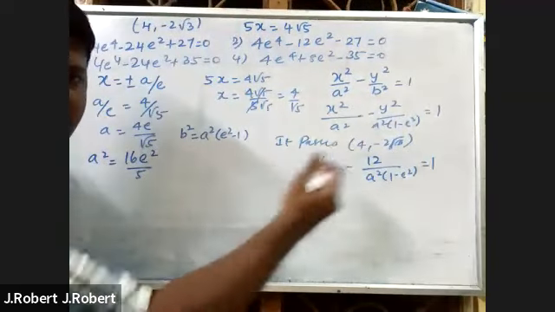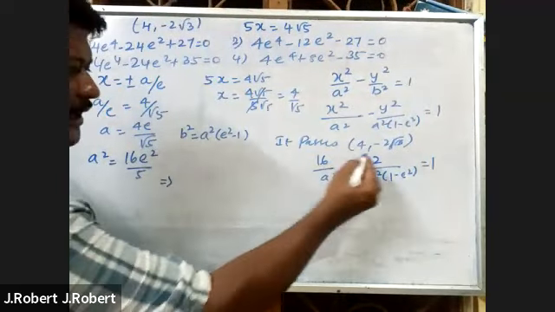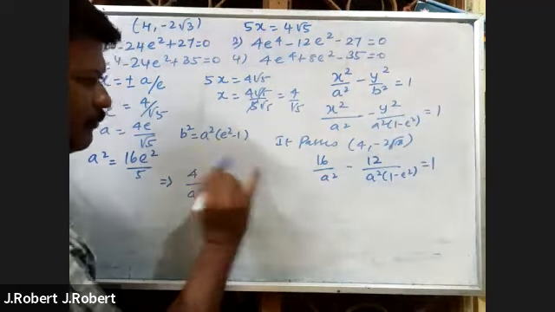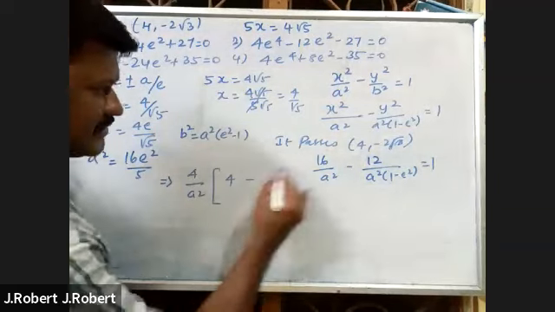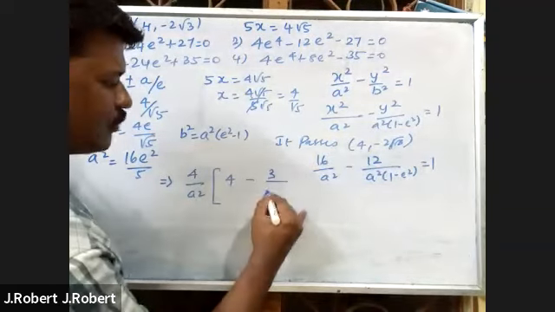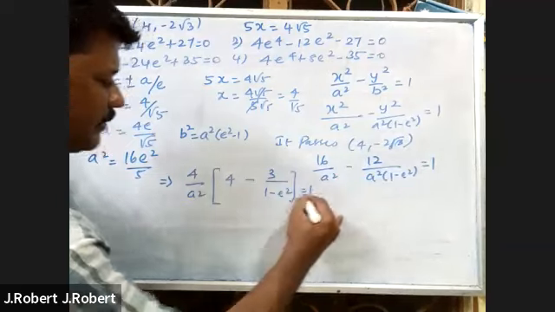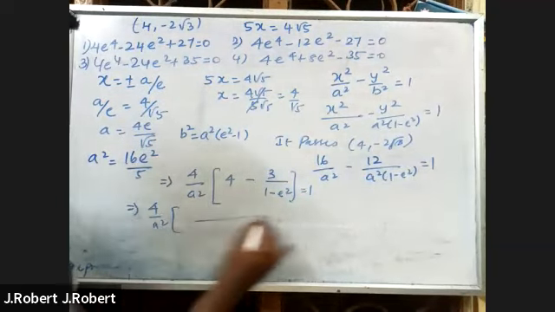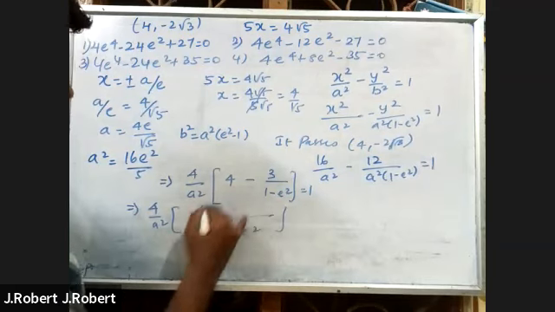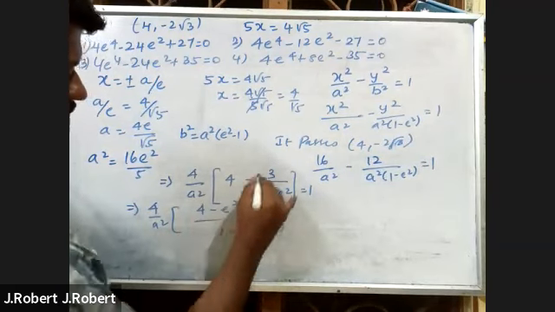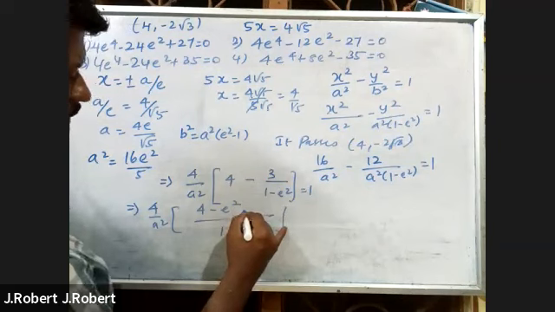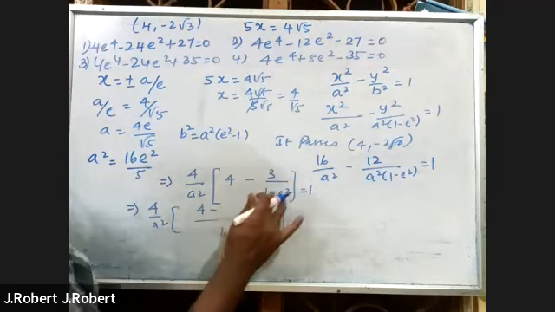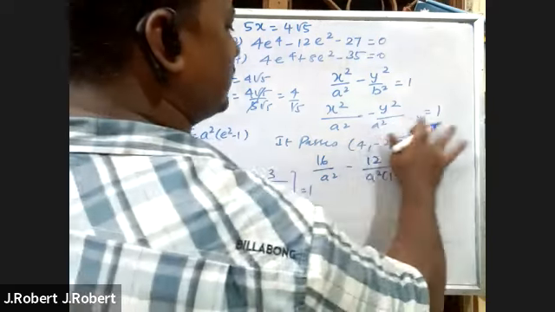Now we can take common things outside. I can take 4 common, and a square is common. Therefore, we have 4 minus 12 by 3, with a square taken outside, into e square minus 1 equals 1. This implies 4 by a square. Take LCM and cross multiply: 4 e square minus 4 minus 3. Sorry, it is e square minus 1, not 1 minus e square.